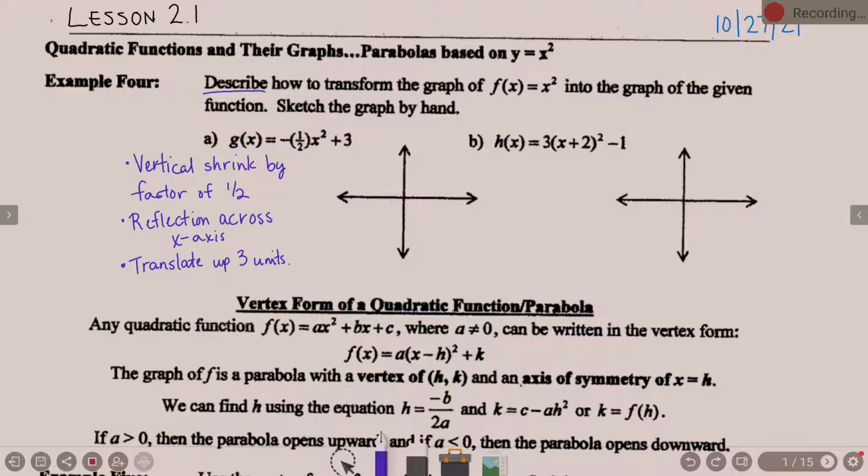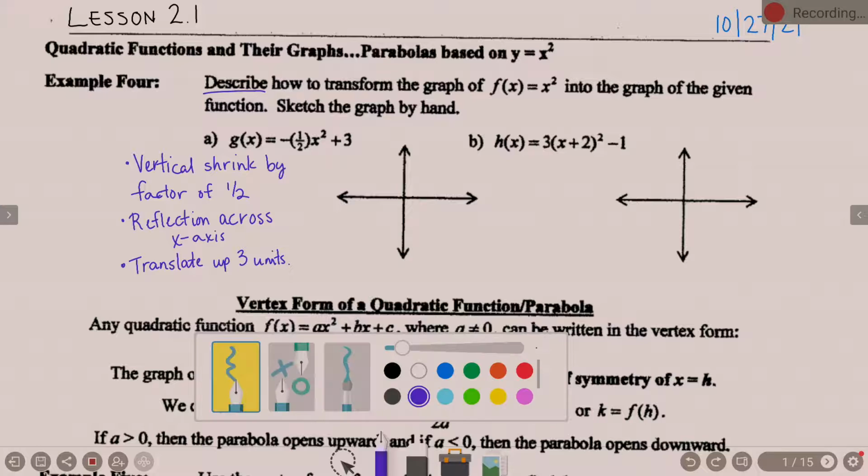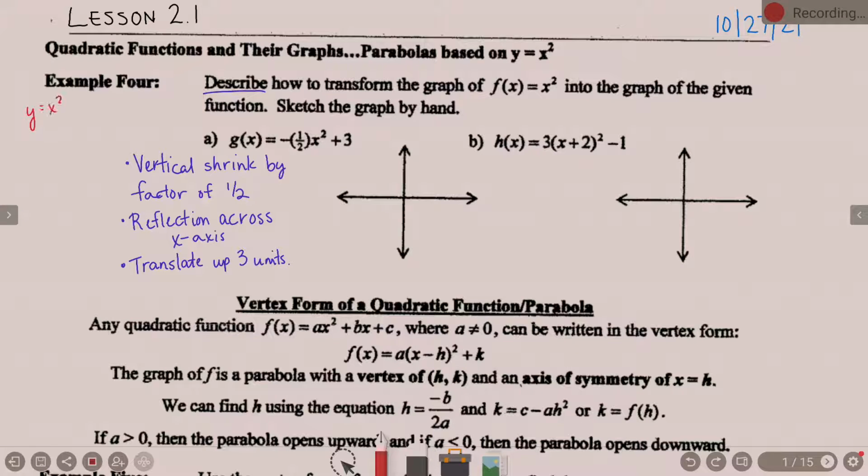Okay? I was just teaching some of the basics about this to Algebra 2 yesterday. And one of the things that might be helpful to remember, if I put it right over here, is the basic graph, y equals x squared. Do you remember the XY chart I suggested you memorize?